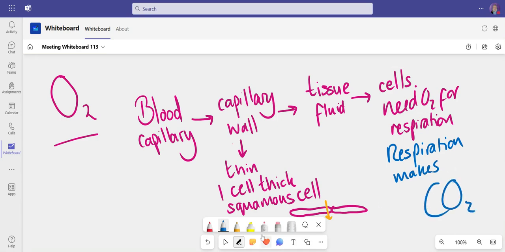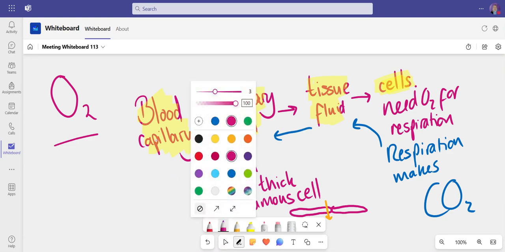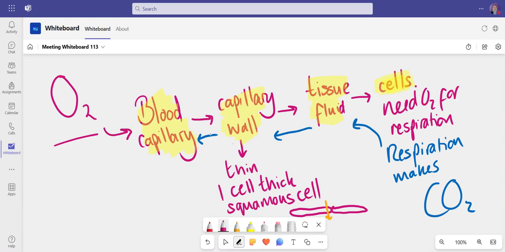So this carbon dioxide is going to go the other way, from the cells to the tissue fluid, through the capillary wall, back into the blood capillary, and taken back to the lungs to be breathed out.